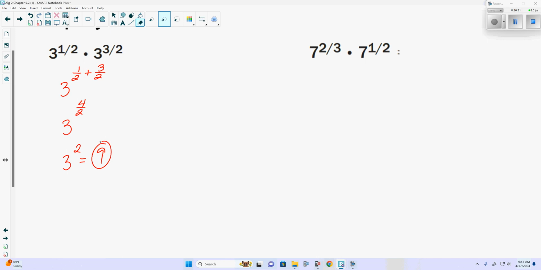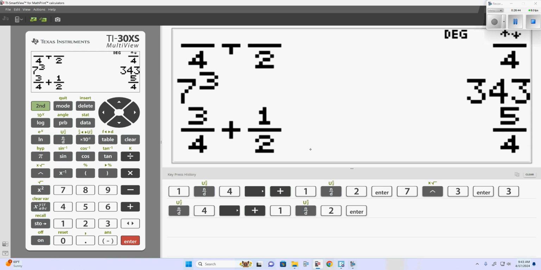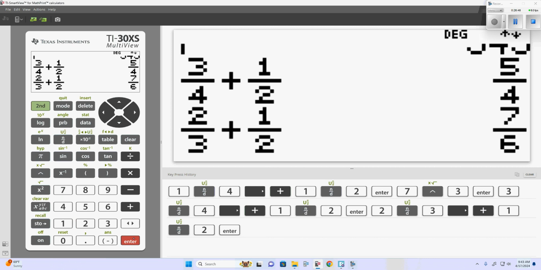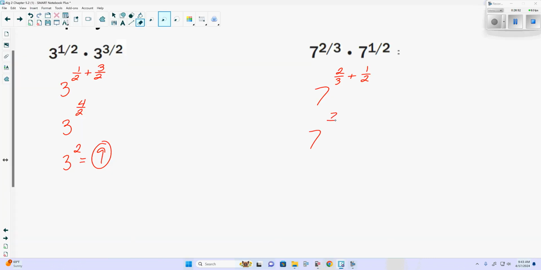7 to the 2/3 times 7 to the 1/2. When we multiply like bases, we add the exponents. Well, 2/3 and 1/2 don't add together as nicely. 2/3 plus 1/2 is 7/6. We can let the calculator do that for us.